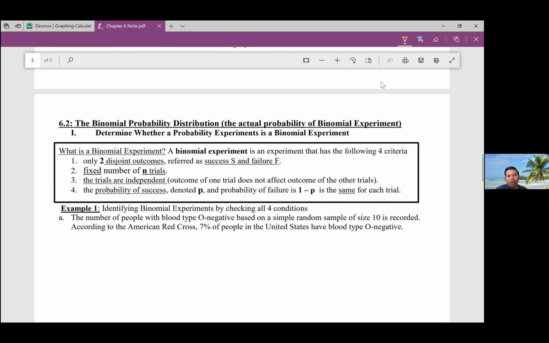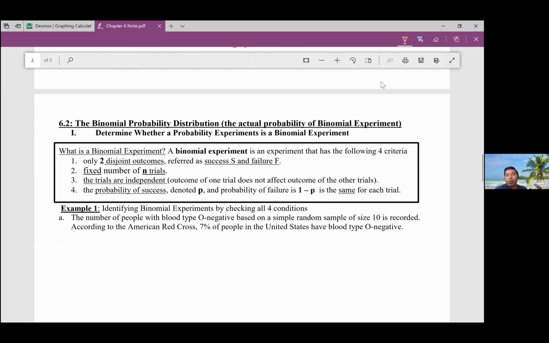Number one, there are only 2 disjoint outcomes, referred to as success or failure. Back to the example of flipping a coin, we only have 2 outcomes. You either get a head or you don't get a head. Does that make sense? So either success or failure.